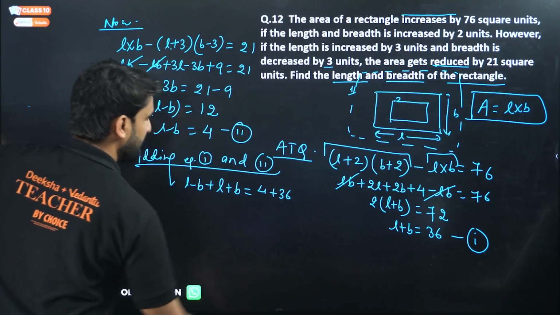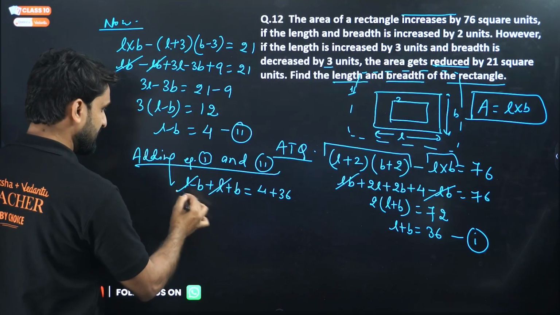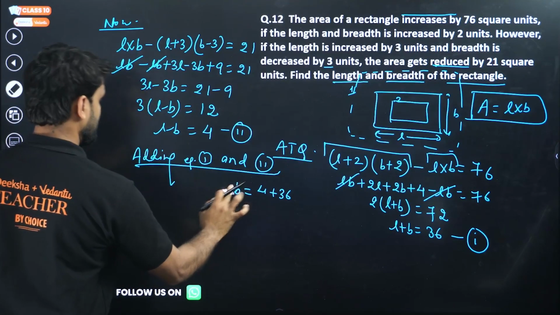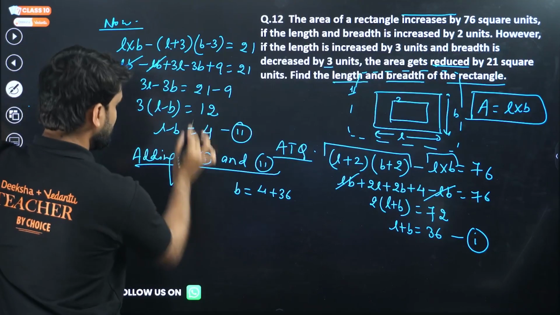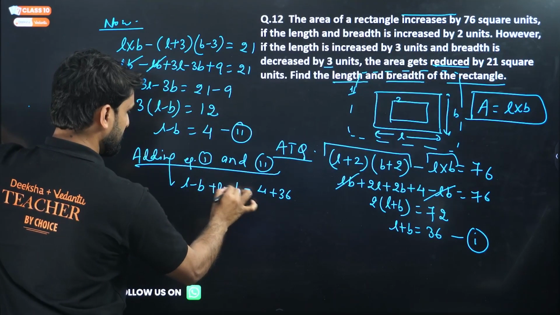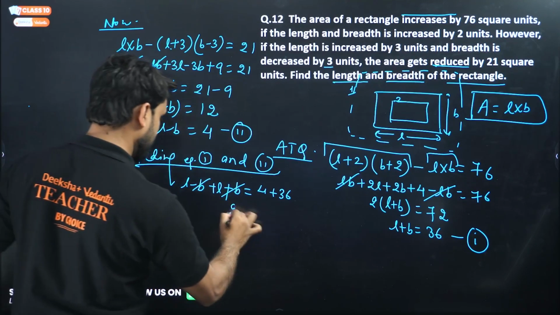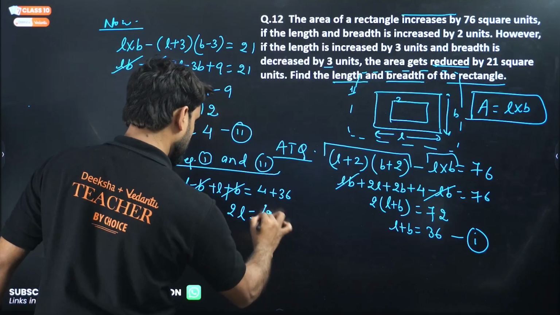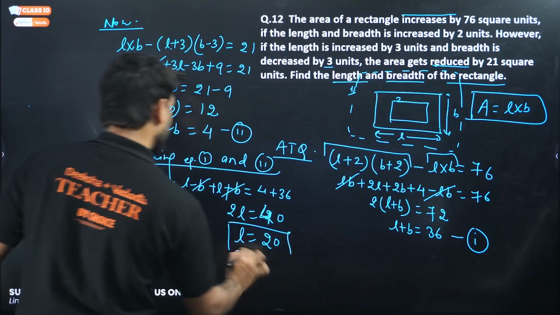Right side will be added with right side, left with left side. So L minus B plus L plus B, right? So can we cancel this B with B? L plus L will be 2L, and this equals 40, so that we are getting L as 20, right?